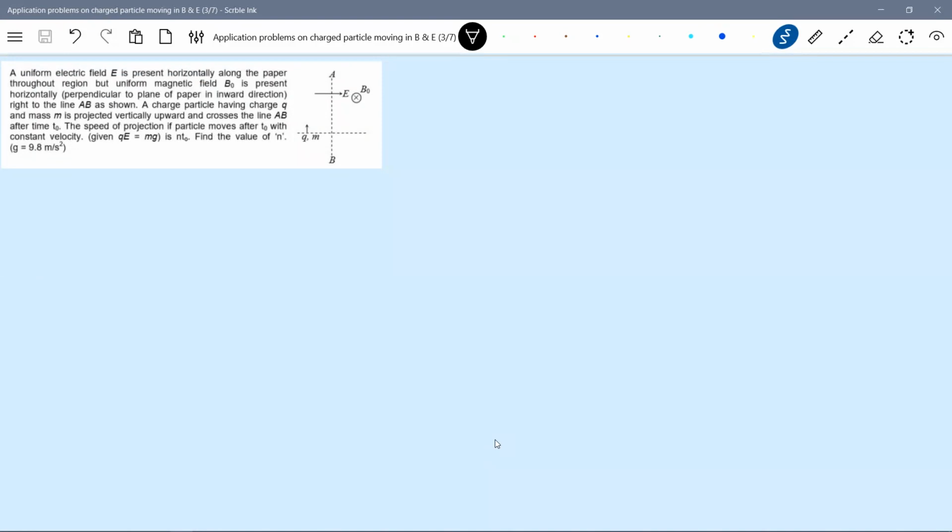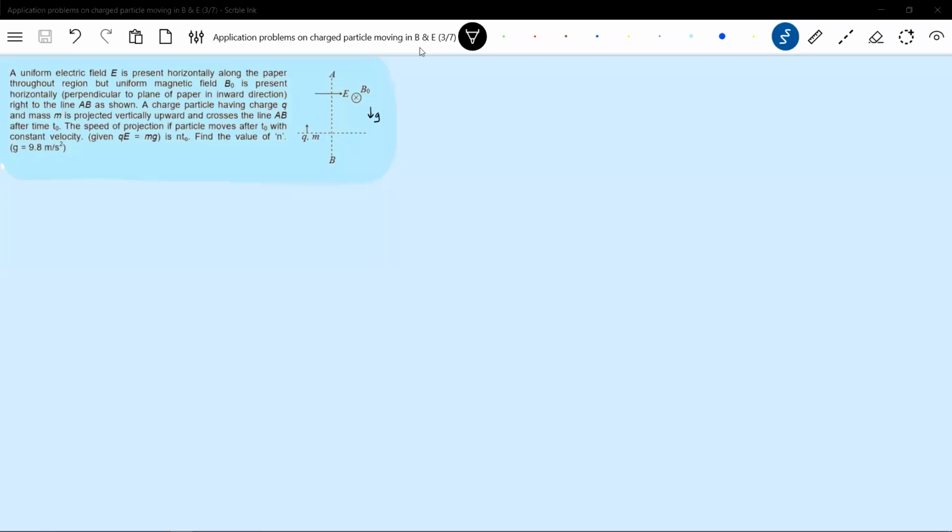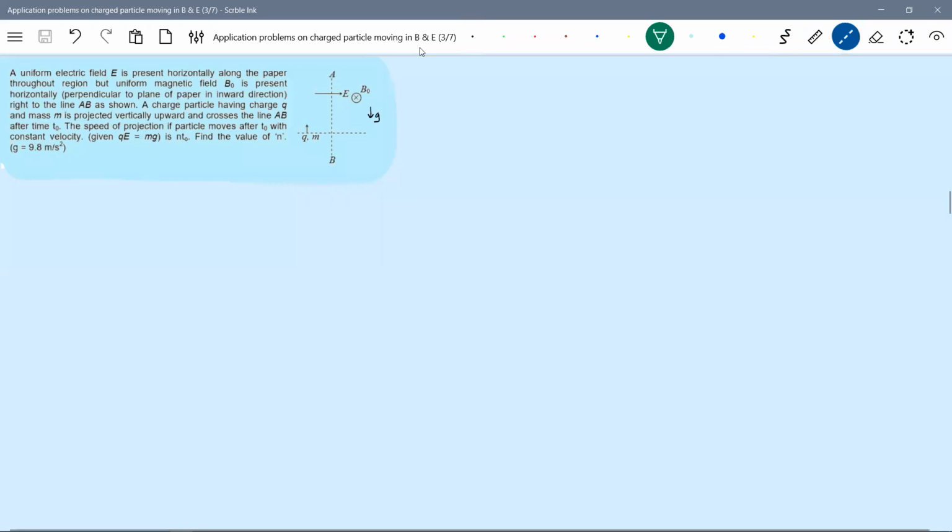A uniform electric field is present horizontally. Now, what type of path will the charged particle undergo? Let's have a small diagram.